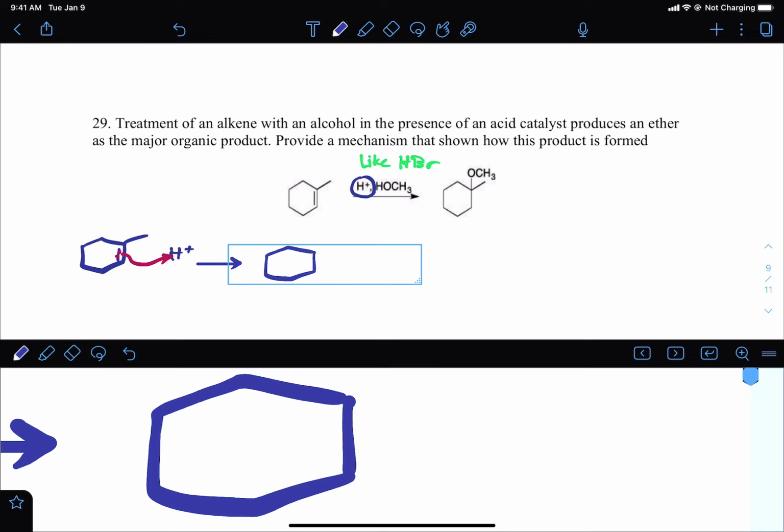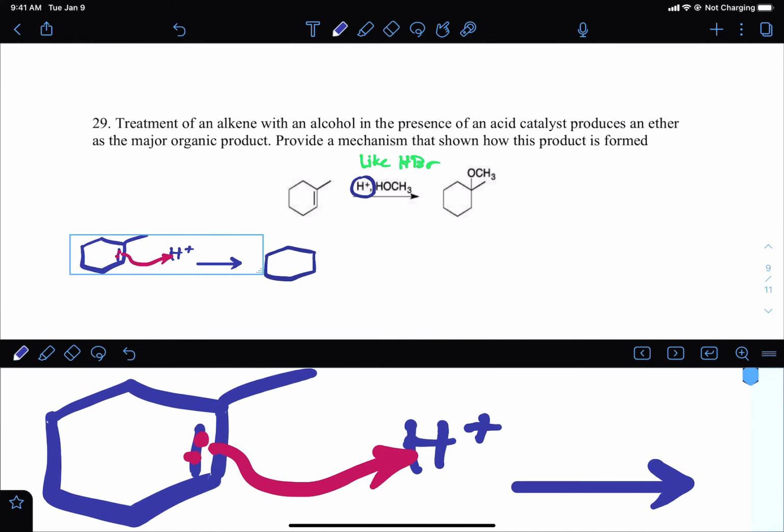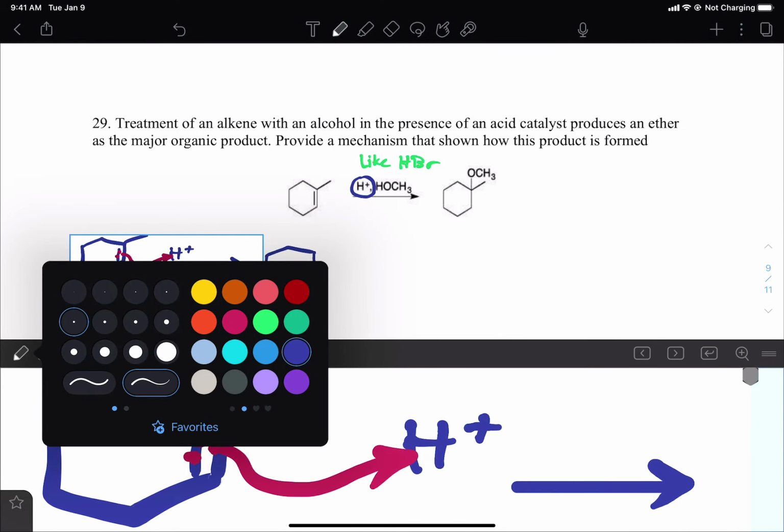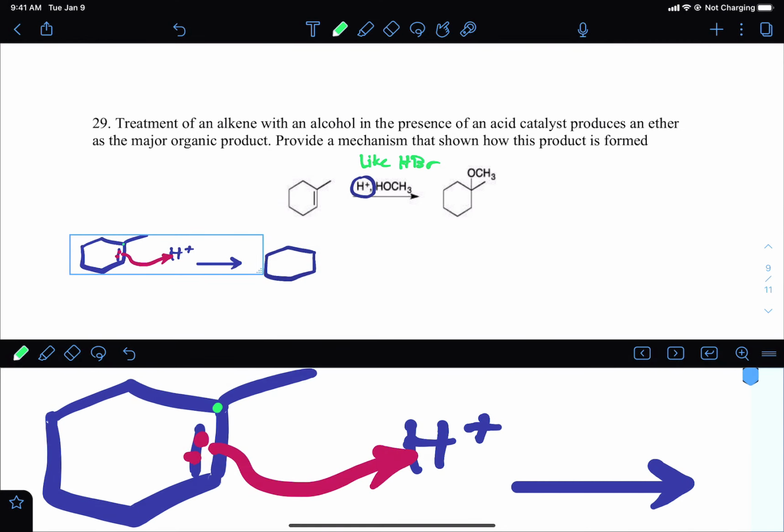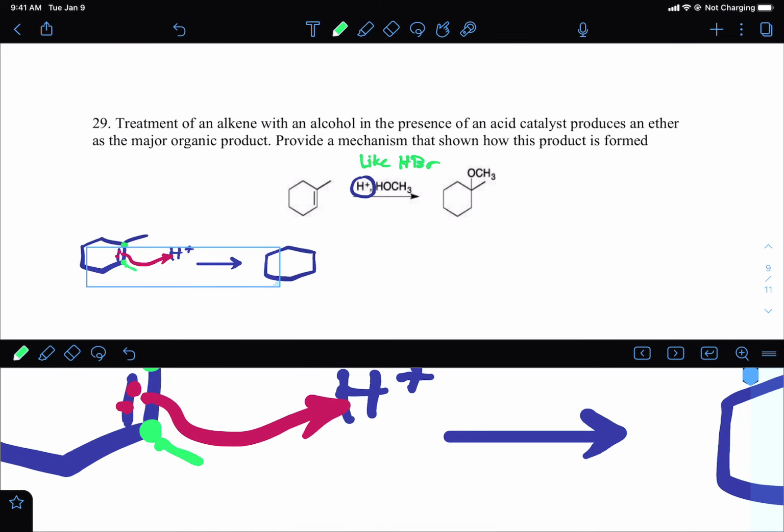All right, so we're going to, again, analyze this. Which carbon does the H go on? The H goes on the carbon that has the most H's, which is this one. This carbon has an H on it.